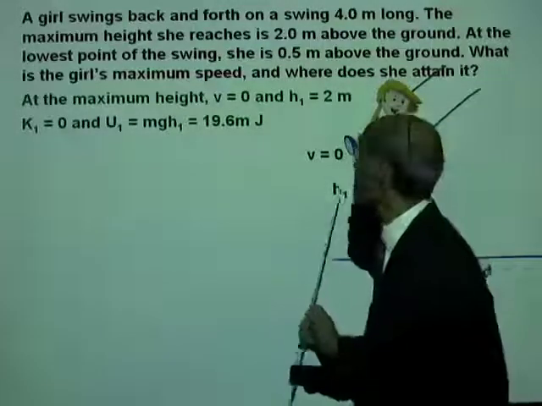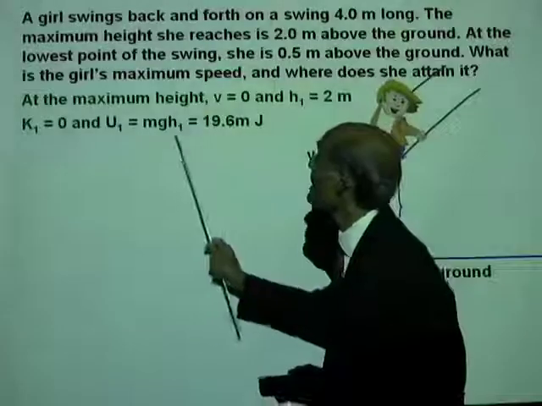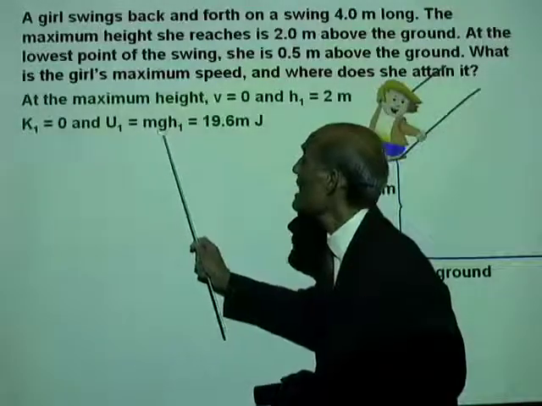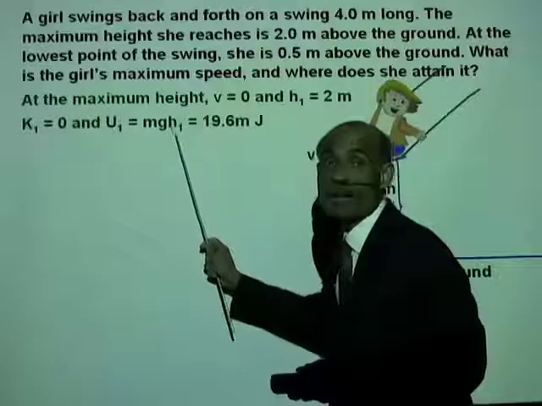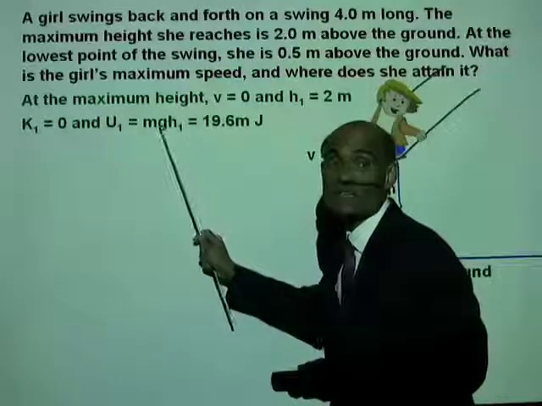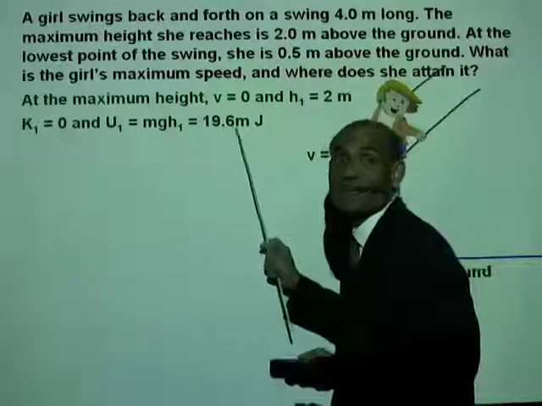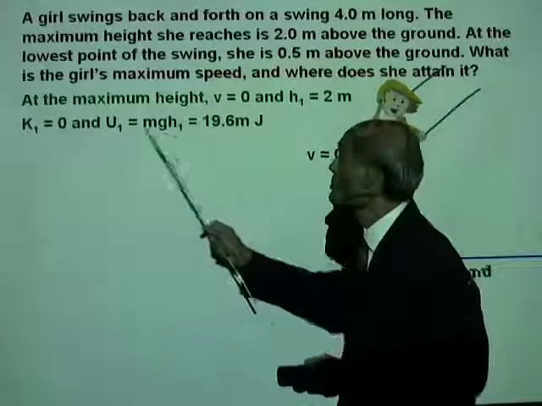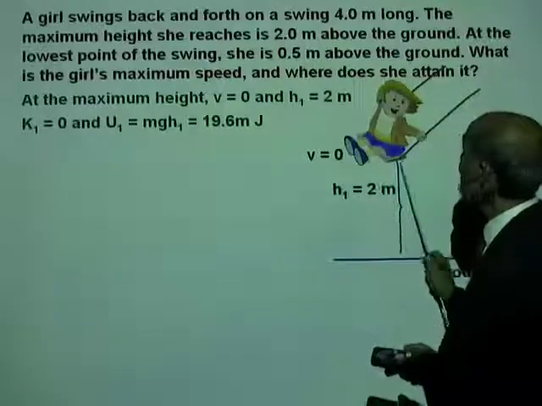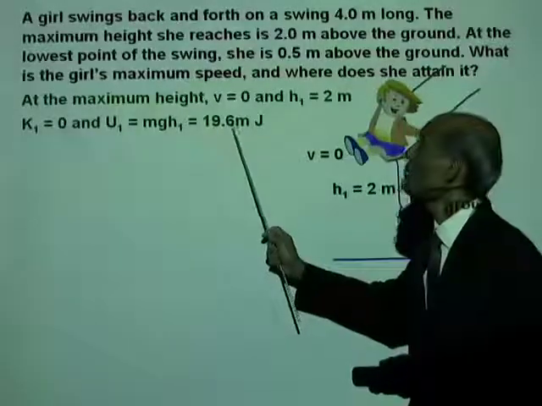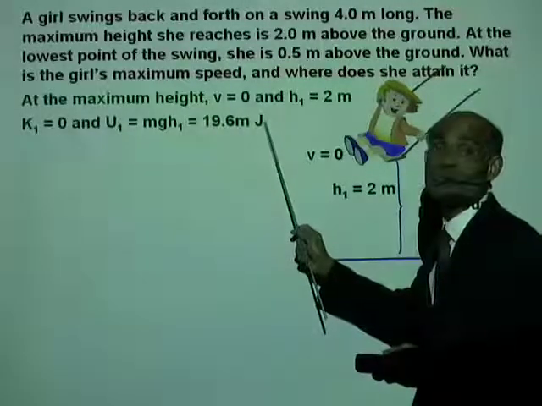Well, we don't know the mass, so we're going to leave it as m. G is 9.8, h1 is 2 meters, so 9.8 times 2 is 19.6 times m. The potential energy at this height is 19.6 m joules.